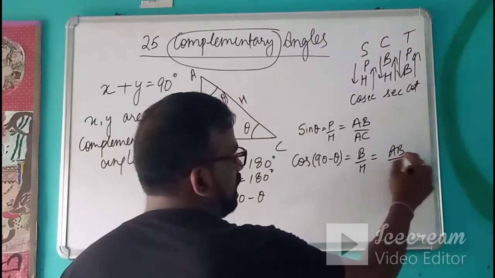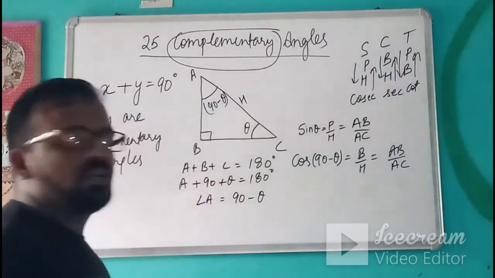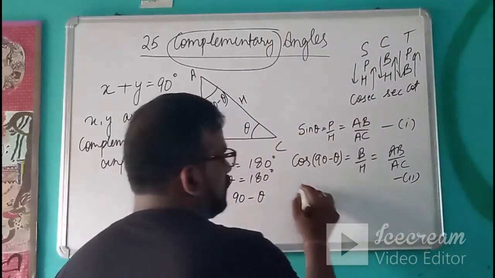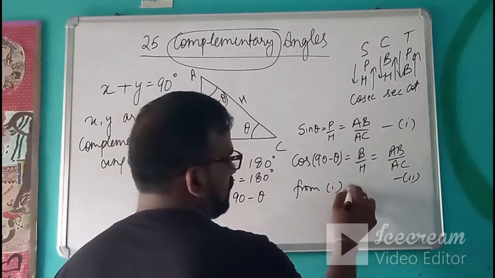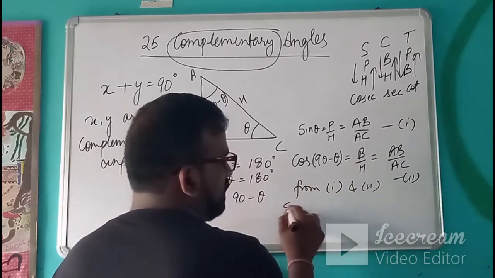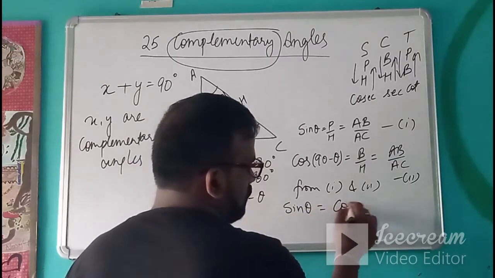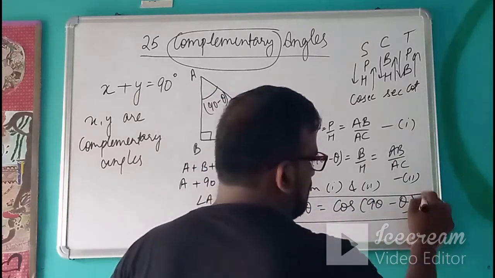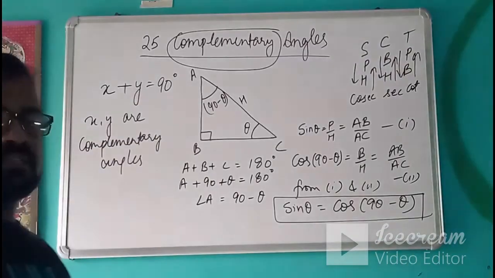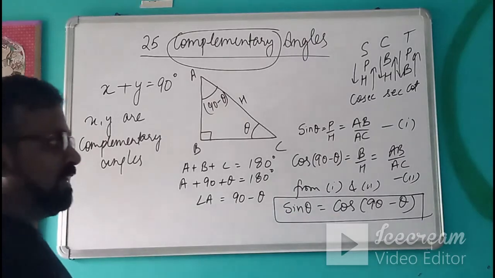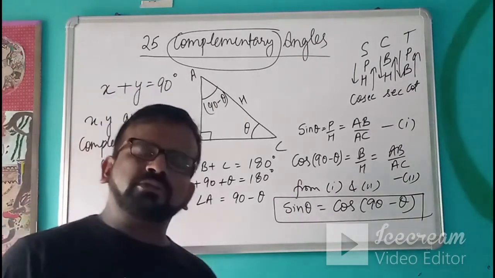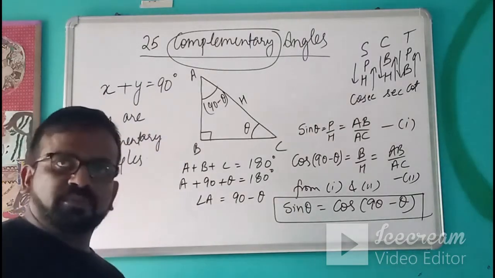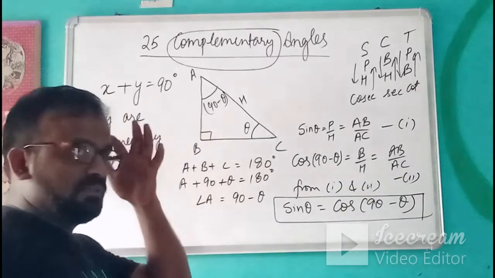Base will be AB, and AC is the hypotenuse. Now if you compare these two relations, this is our first relation. I will get sine theta is equal to cos of 90 minus theta. So this is my first relation, that sine of theta is actually cos of 90 minus theta, or we can say that sine theta and cos theta both form the complementary angle pair in a given right angle triangle.